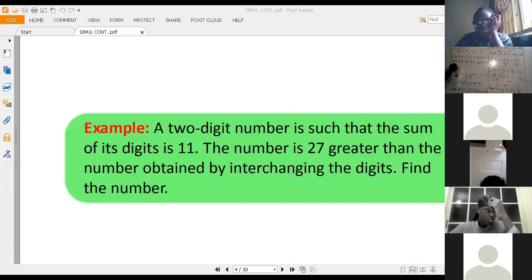You have 70 plus 4 is equal to 27 plus 40 plus 7. So you have 74 is equal to 27 plus 47.